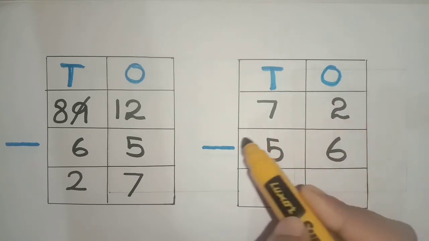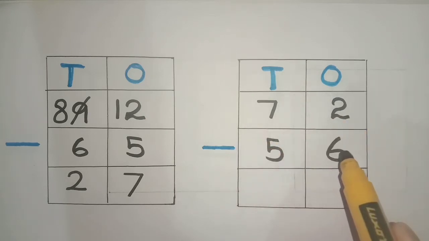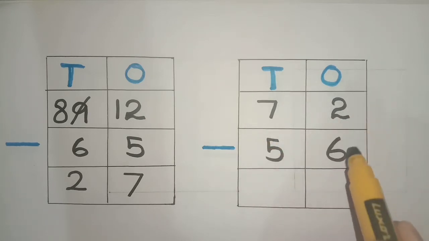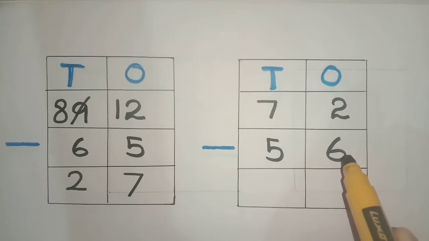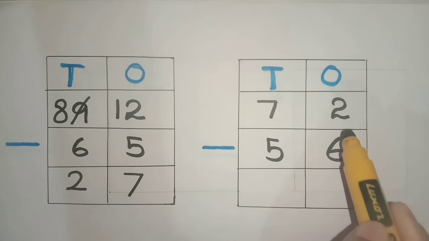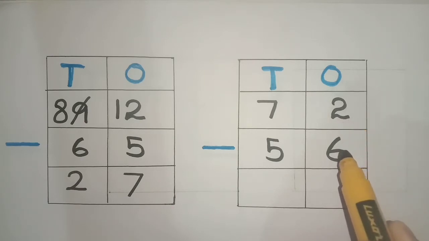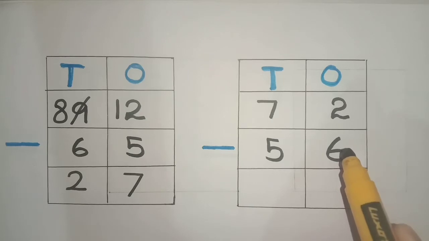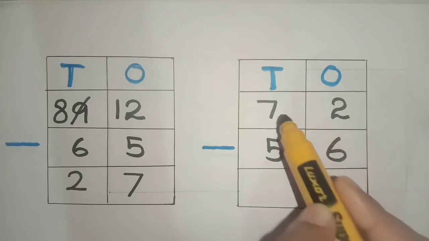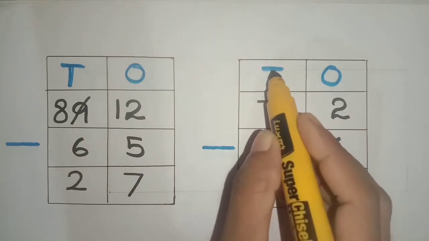So 2 minus 6, that we have to subtract first. 2 is smaller than 6, so we cannot subtract 6 from 2. It is not possible. So what will we do here? In the same way, we go to the next place, that is the place of tens.